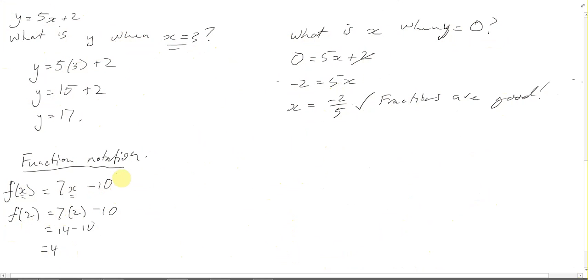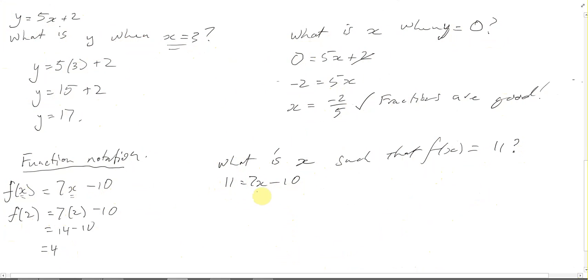And you can also have one like this, a what is x sort of one. So your question might be, what is x such that f of x equals 11? Okay, so similar thing. We know that our f of x is 11, so we can write 11 equals 7x minus 10.